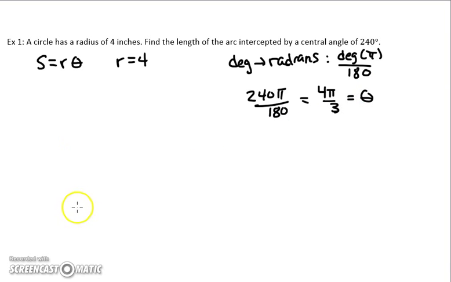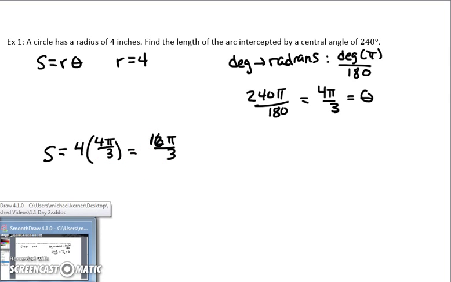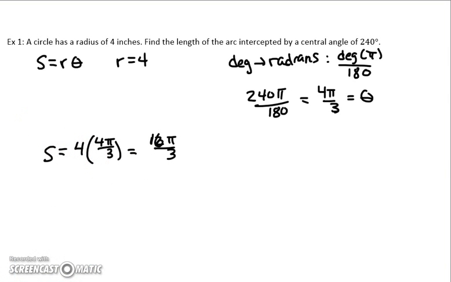And now we just have to plug R and theta into our formula. So S equals 4 times 4 pi over 3, which is going to be, I'm sorry, not 12, 16 pi over 3. So the length of that arc is going to be 16 pi over 3 inches, right?